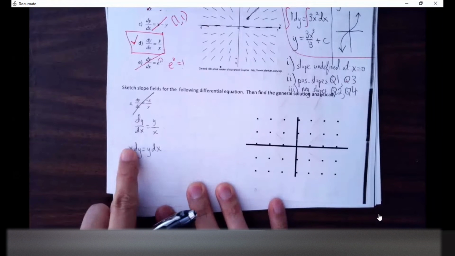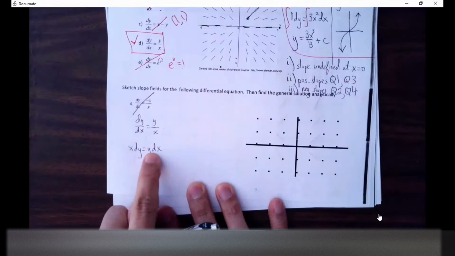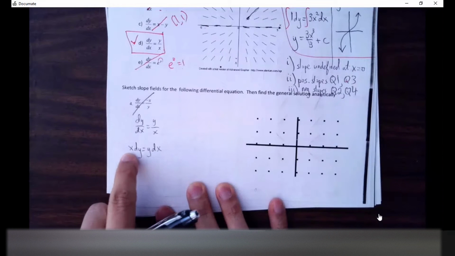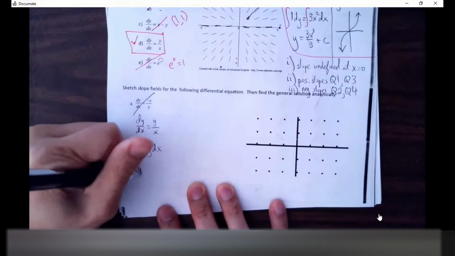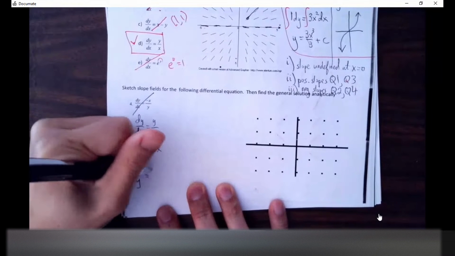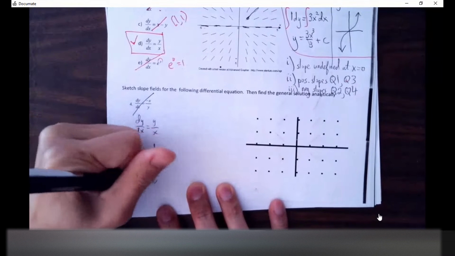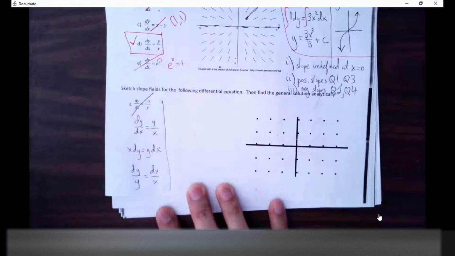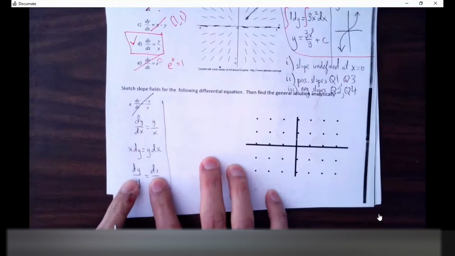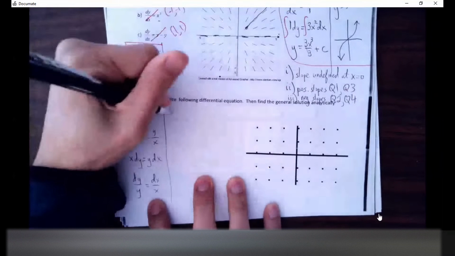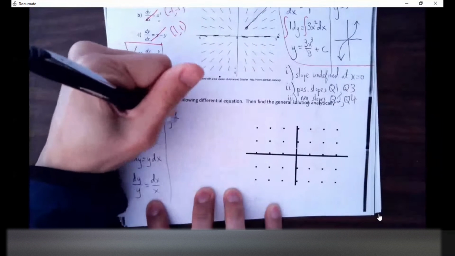I want the y's on the left, x's on the right. So I can simply divide the y to the left and then divide the x to the right. The variables are nicely separated. If we want, we can push the dy and dx out in front to make it easier to see.